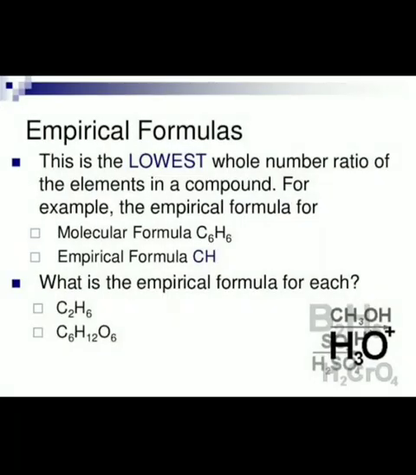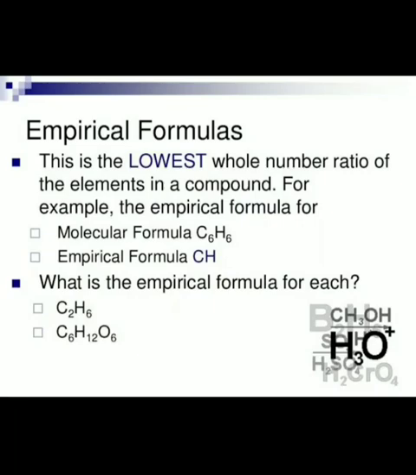Let's see another example. Here you see the empirical formula. How will you calculate? This is the lowest whole number ratio of the elements in a compound. For example, molecular formula C6H6: you have to write CH, because 6 ones, 6 ones. Then the second one, what is the empirical formula for each? See C2H6. What is the empirical formula? 2 ones, 2 threes.